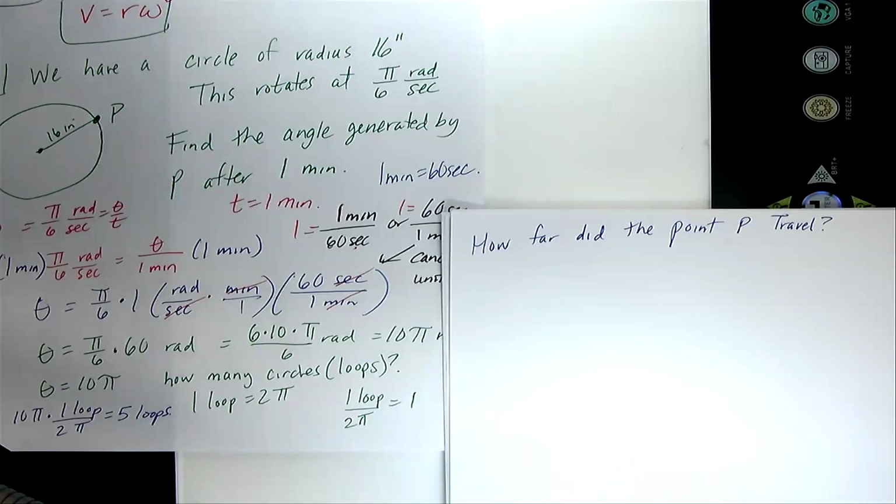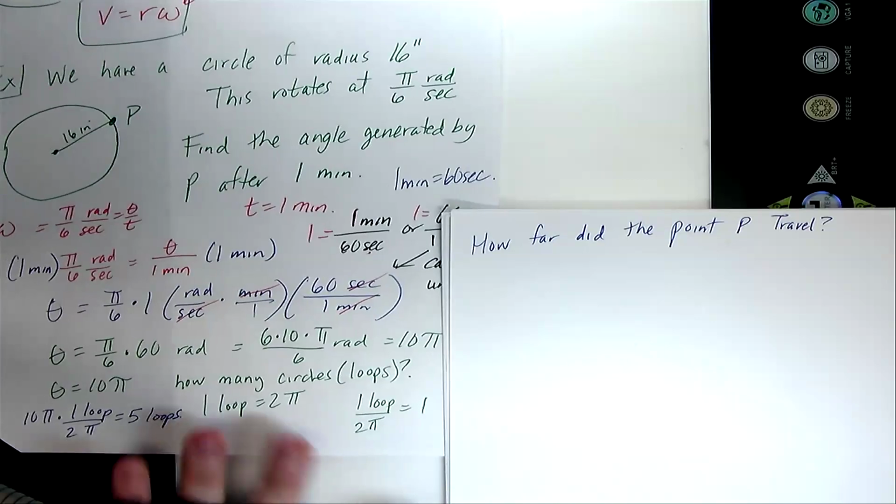Any ideas what I can do here? P is on the edge of the circle and the circle's rotating.